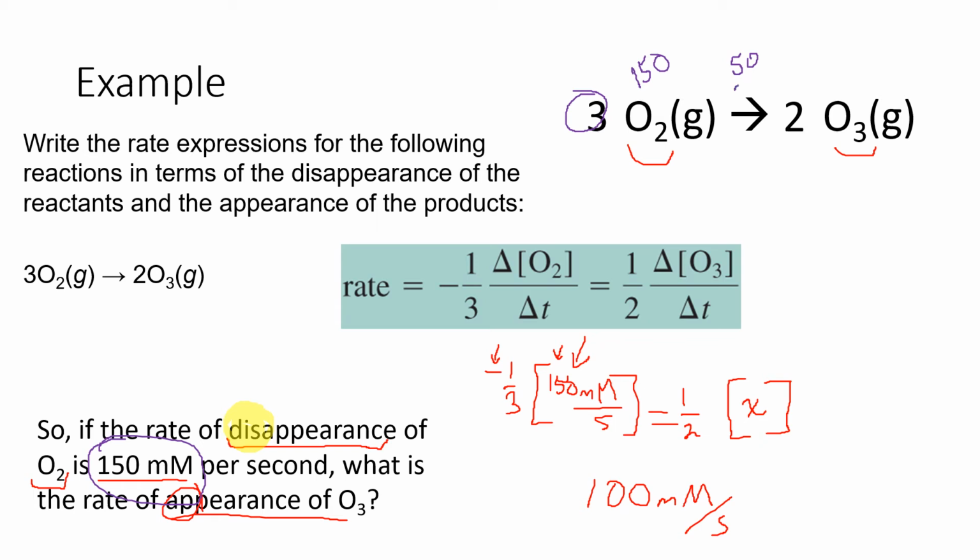So I've got 50 millimolar reactions per second, right? Okay, cool. And then if there are 50 millimolar reactions per second, and for every one of those reactions I get 2 ozones, then I multiply this 2 by the 50, giving me 100 millimolar per second ozone. So either approach, kind of just number crunching it here by the formula, or logicking it through from the coefficient logic, both end up with the same 100 millimolar per second answer.